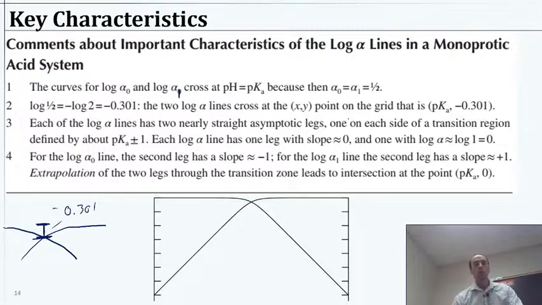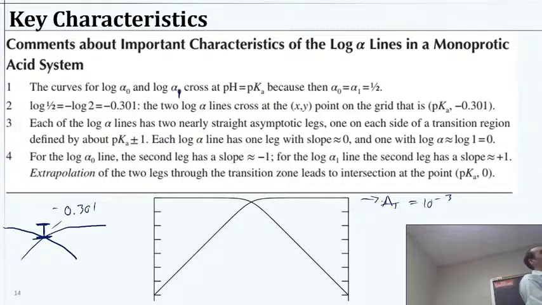Maybe we plot this and we say we have a total concentration. So a total might be 10 to the minus 3. And then we could use this to say, well, at 1/2, that should be 10 to the minus 3 minus 10 to the 0.3.